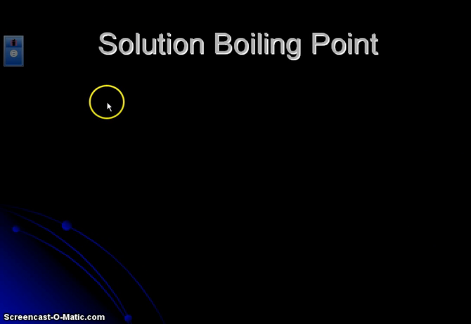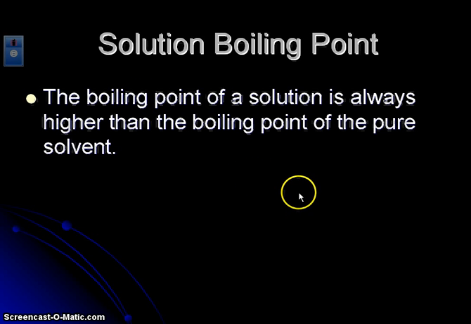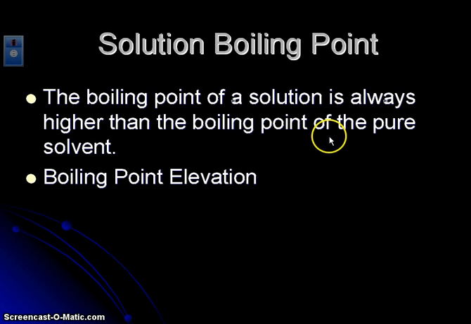When we talk about solution boiling point, the boiling point of a solution is always higher than the boiling point of the pure solvent, and that phenomenon is called boiling point elevation. So adding something to the solvent causes the boiling point to become elevated or increased. An example of that, well, you may be thinking about adding salt to, say, pasta water to make it boil faster.